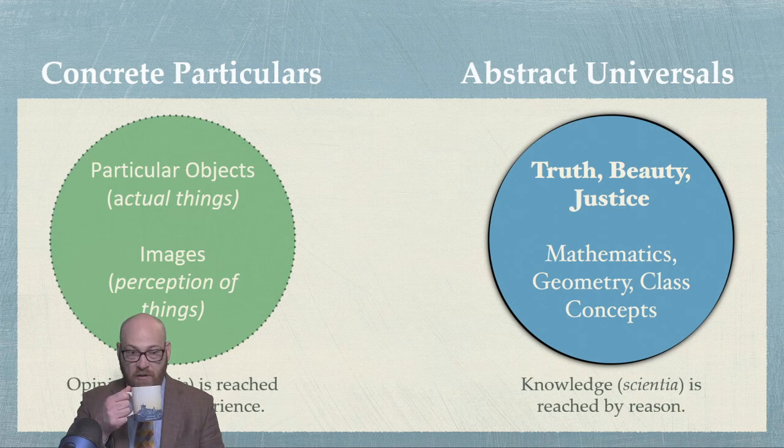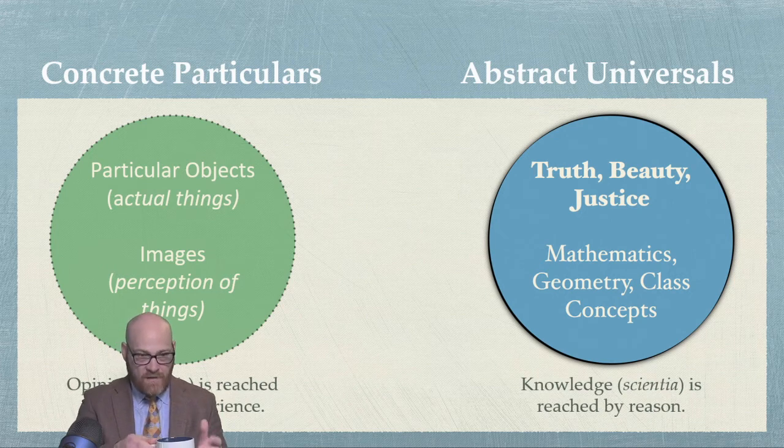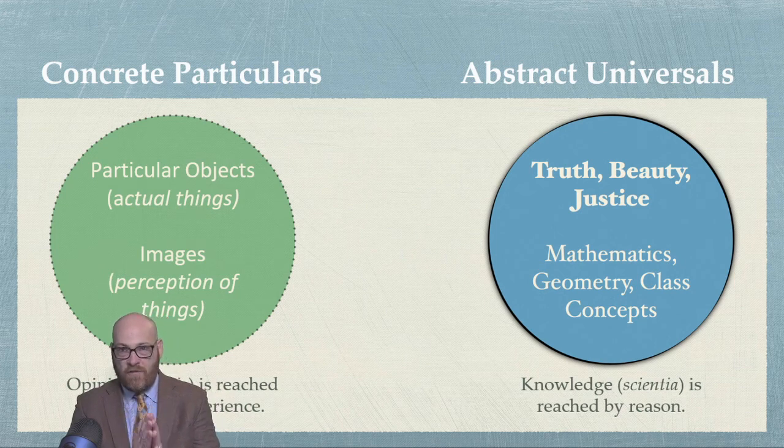And so this is a particular object, an actual thing. But I can only have true belief. I can't actually have knowledge. Images, perception of things. These things are the concrete particulars, the physical world. And so we can have opinions that are derived through sensory experience.